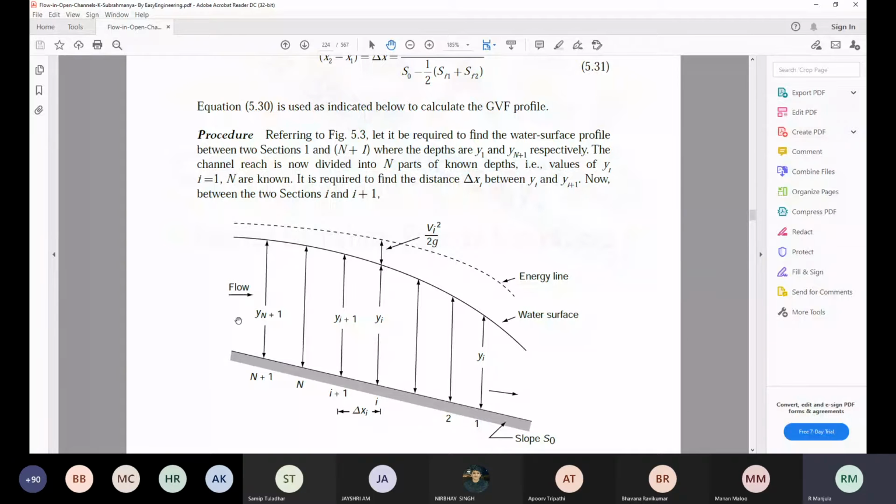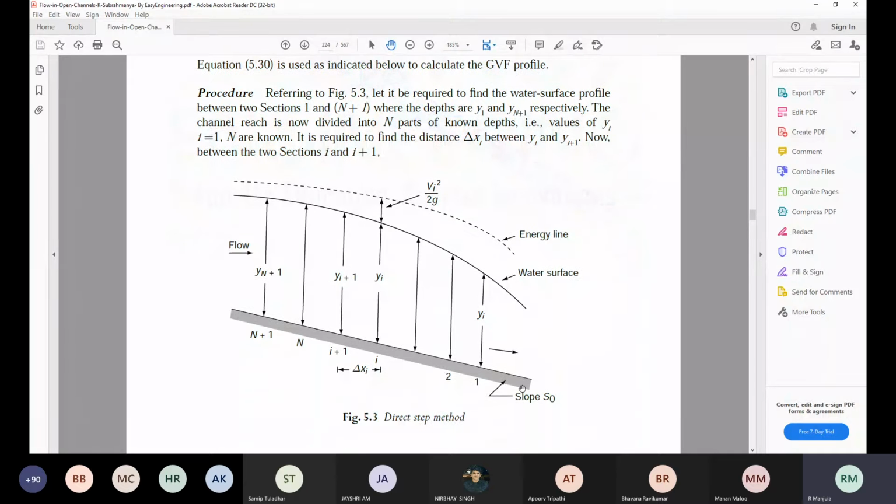When you are increasing, you need one more section, n plus 1, to get delta x for the nth section. That's why it goes up to yn plus 1. This is your bed slope, and if you plot this, you get the water surface profile. And this is your total energy line.